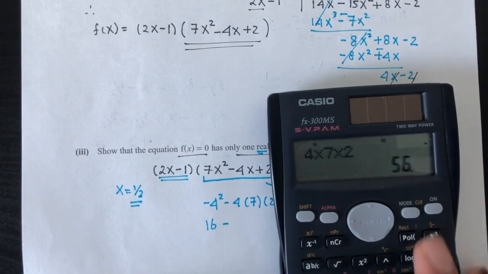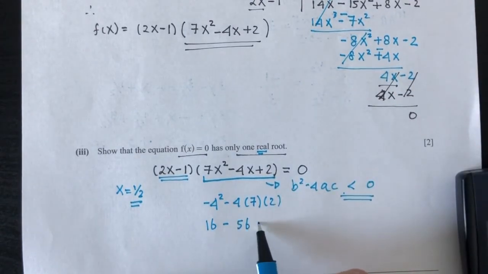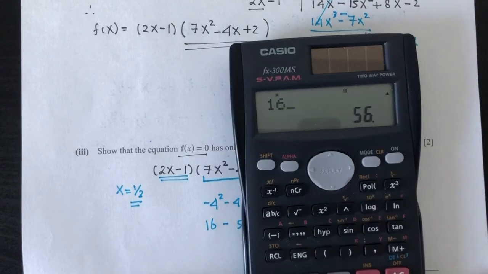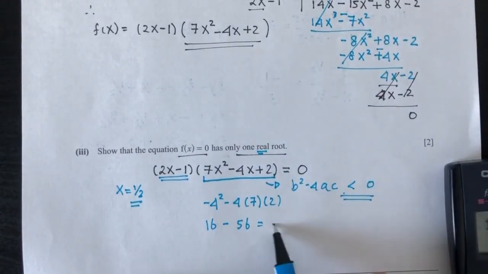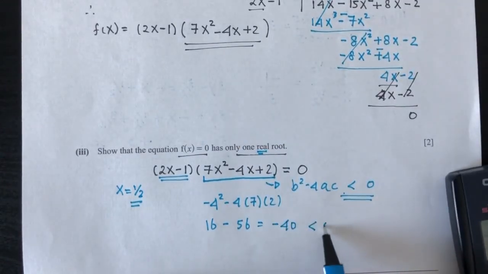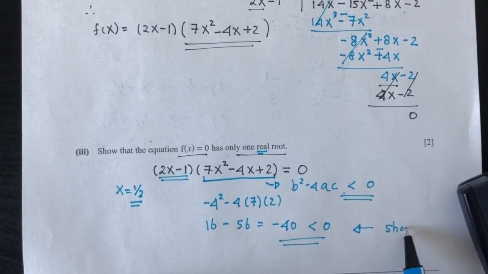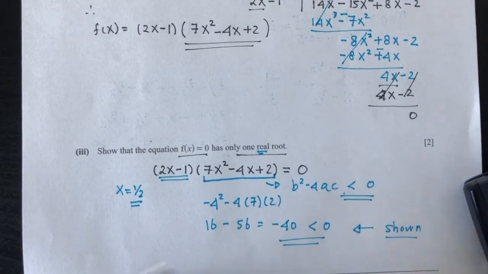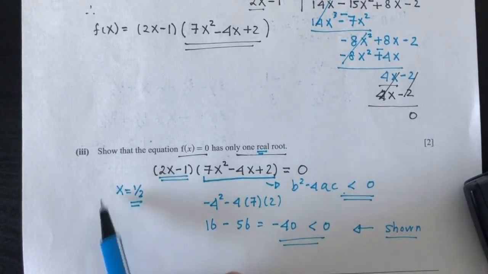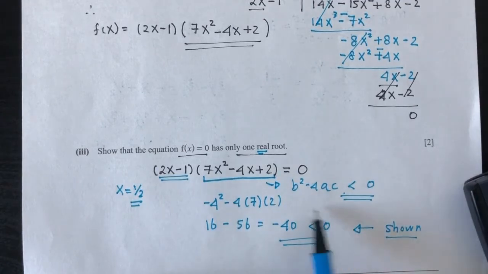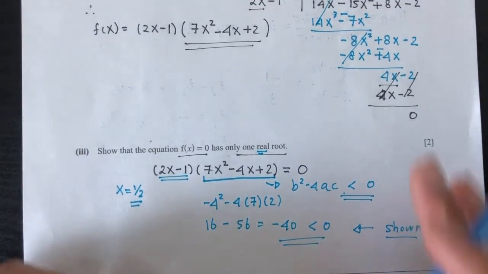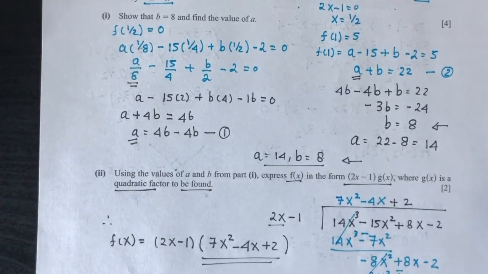That is 56. So 16 minus 56, that is minus 40. And minus 40 is less than 0. So you have shown that b squared minus 4ac is less than 0. This is shown as required, that it does not have another real root. We have only one real root as this one, and this one only is imaginary roots. And that will be your question number 6.